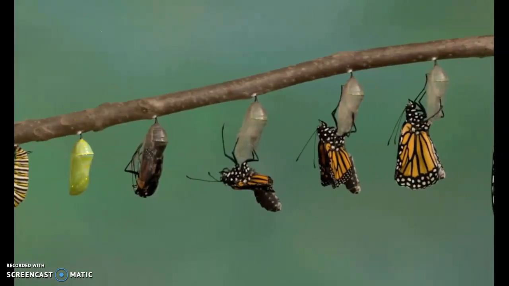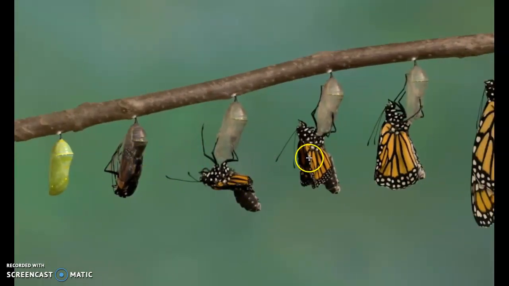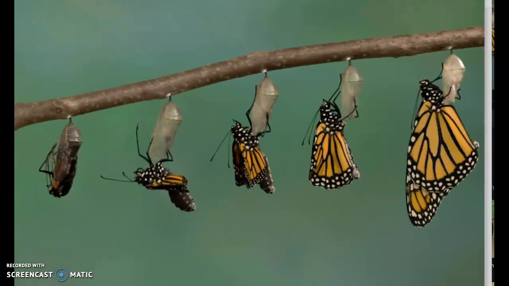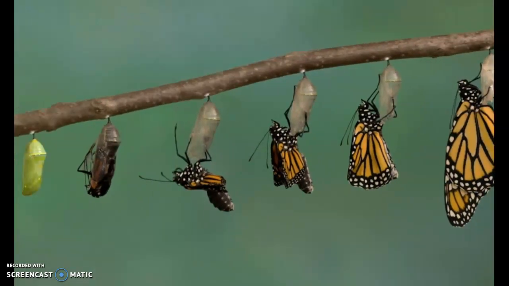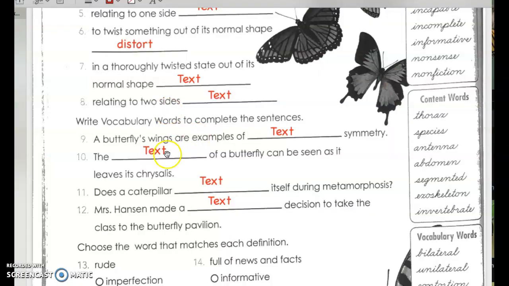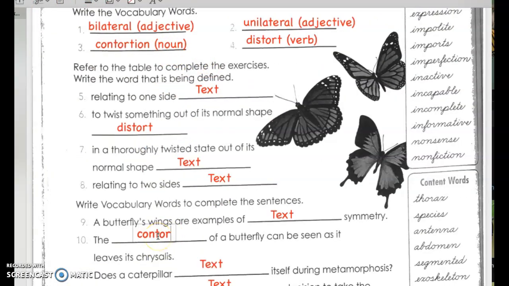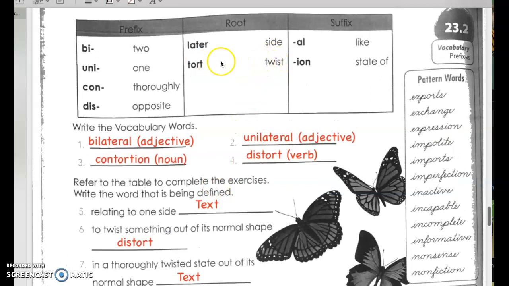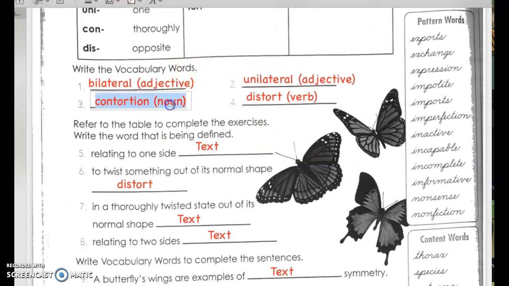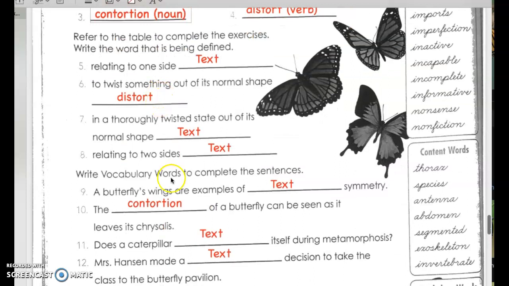You can kind of see that the caterpillar is twisting around and coming out of the cocoon, right? So, you guessed it, it would be contortion. Again, tort means twist, right? Also, you can notice that contortion is the only noun we have in these 4 words, so that will also help you figure that out too.